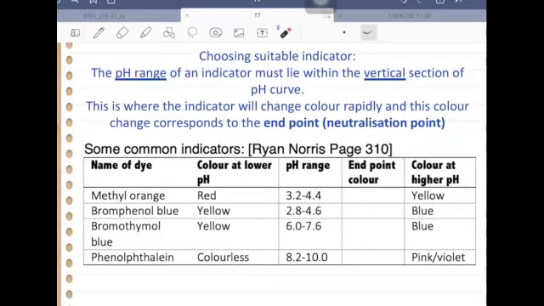The reason for this pH range is because this is where the indicator will change color. So if the neutralization is happening there, because neutralization is a change in pH, right? You go from acid to alkali or the other way around. And your indicator also needs to change color at this point to say, hey, stop. You have to stop the reaction.